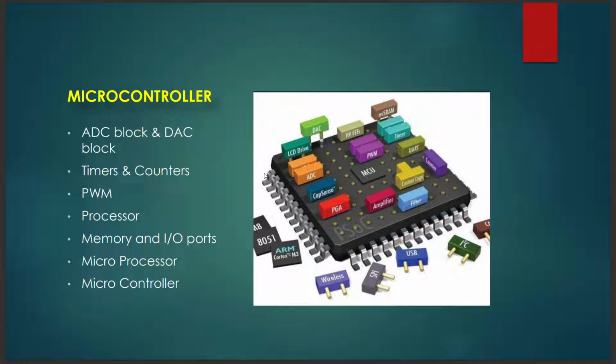ADC stands for analog to digital converter. It is an electronic device used for converting an analog signal into a digital signal. DAC means digital to analog converter, which converts digital data into analog data.